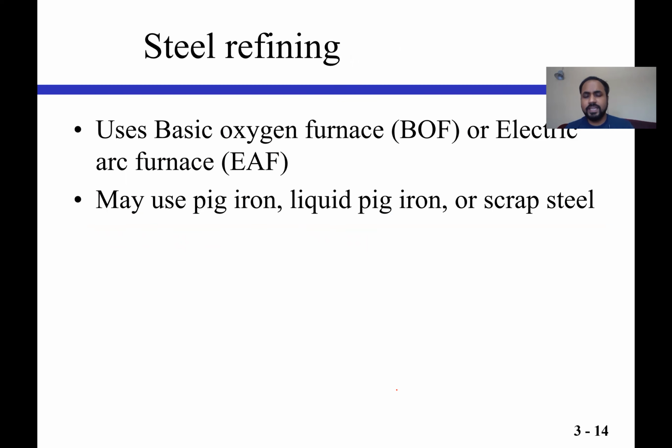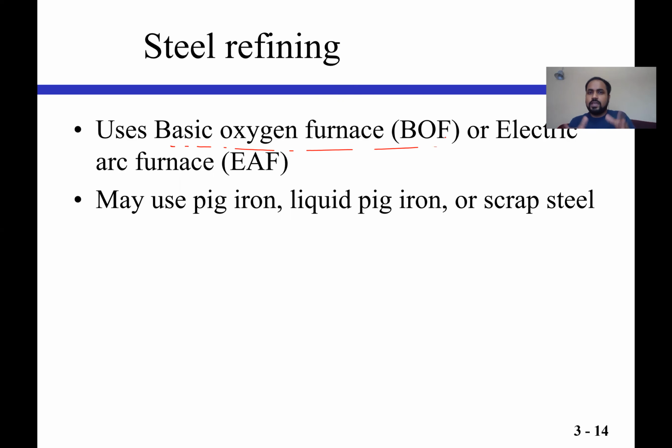Now for steel making, this was the pure iron. From pure iron, you are going to do some more refining. That refining can be done in a furnace. It can either be a basic oxygen furnace or something called an electric arc furnace. So what you do is, either you take the molten metal and put it in this furnace and heat it up again, or you just take the molten metal itself, put some alloying elements, and then you try to remove carbon.